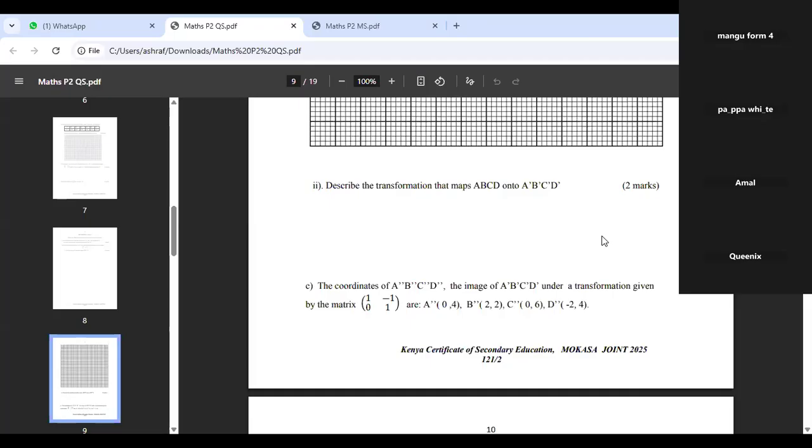So if the invariant line is, for example, the x-axis, then a point that is not on the x-axis will move either left or right, but parallel to the invariant line. Then for a stretch, the points not on the invariant line move perpendicular to the invariant line. So if your invariant line is the x-axis, the point will move either upwards or downwards.